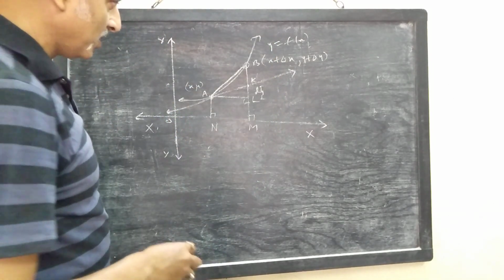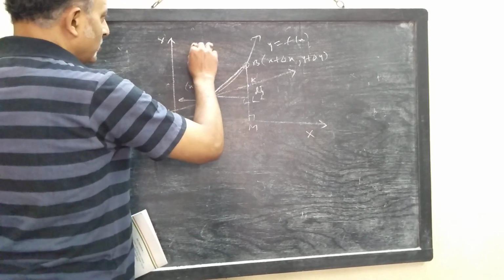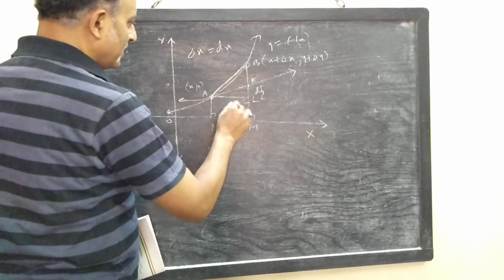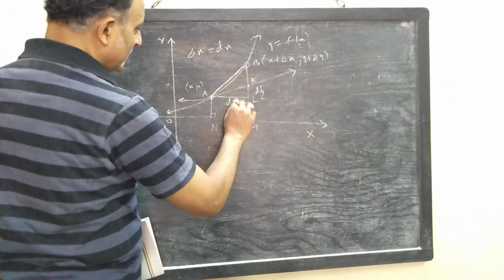Delta y is different from dy, and you also know that delta x is dx, that is AL is dx.